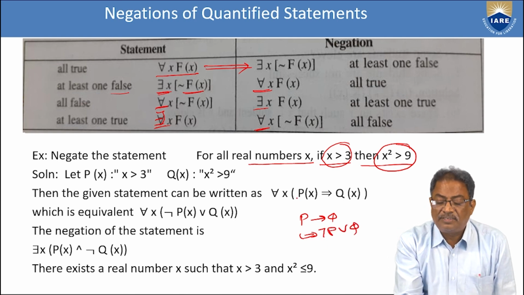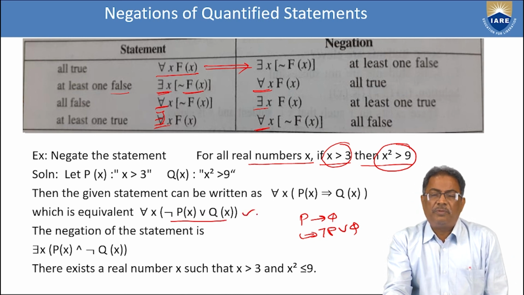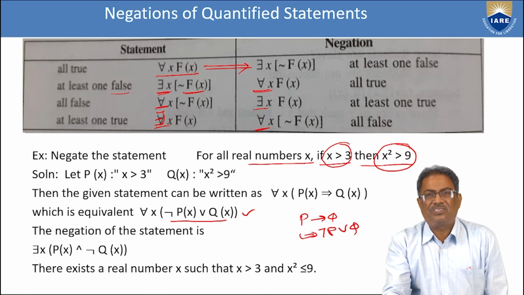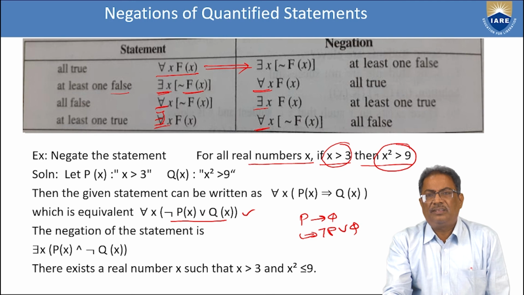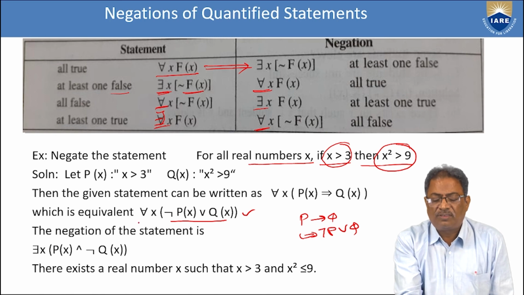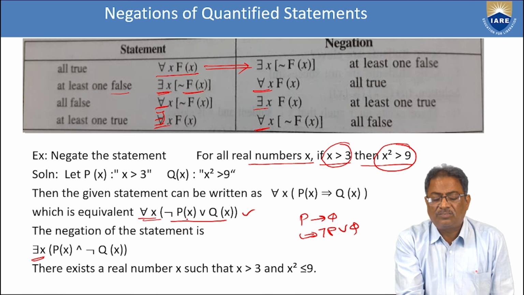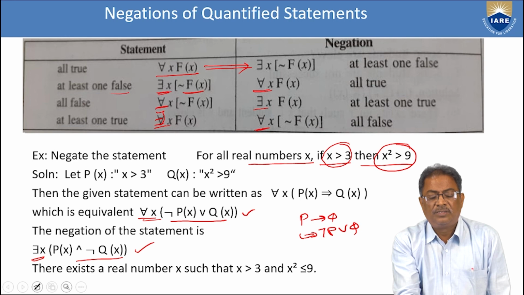So by using this we write the equivalent form, because we are going to eliminate the conditional, as the negation of the conditional is not that easy to convert into a sentence form. So we take the negation of this: for every becomes there exists, and the negation of p of x or q of x is converted to symbolic form.